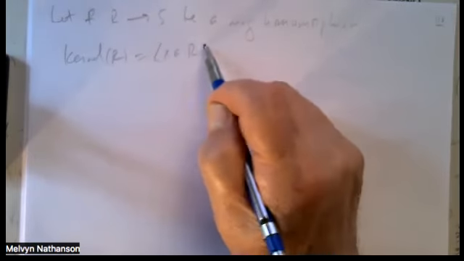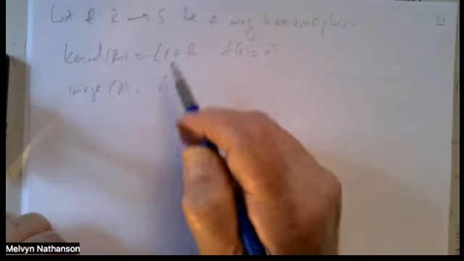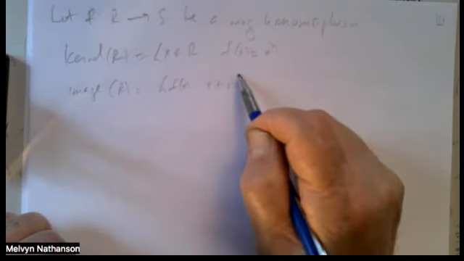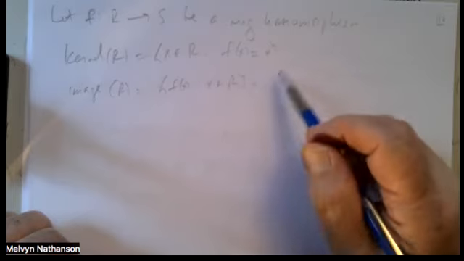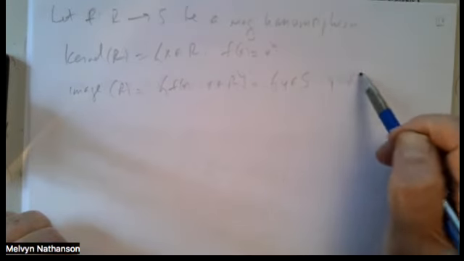What's called the kernel of F is all elements X in R such that F of X is 0. And what is called the image of F is the set of all elements F of X in S as X runs through the elements of R, or you could say it's all the elements Y in S such that Y equals F of X for some X in the ring R.